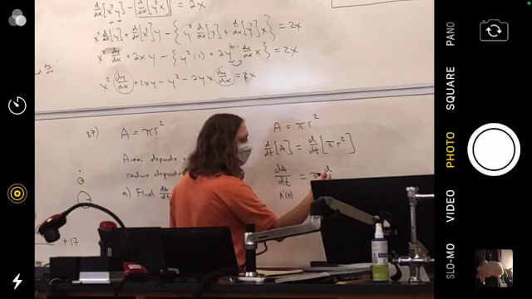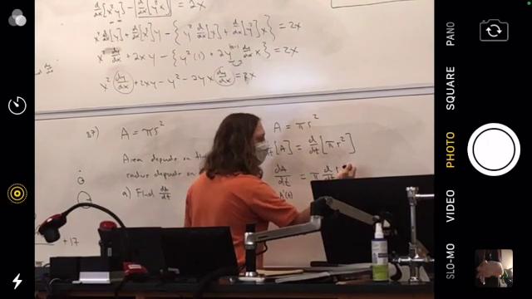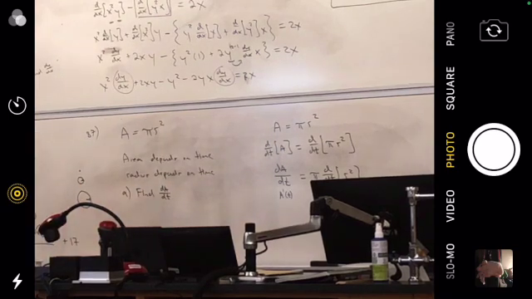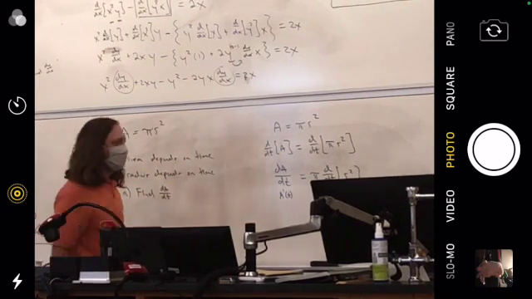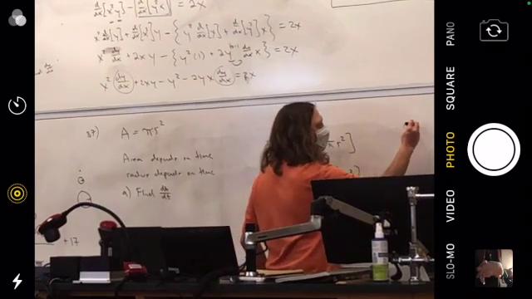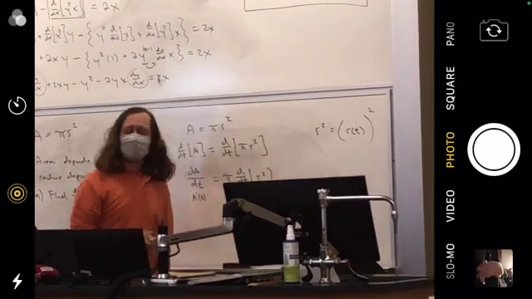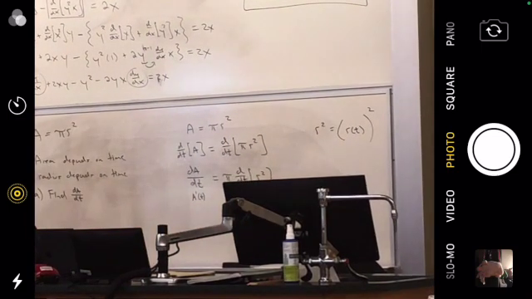Pi is a constant, but then I have r squared. R is a function of time. So I want to think of this as r squared is r of t all squared. So how do I find that derivative?